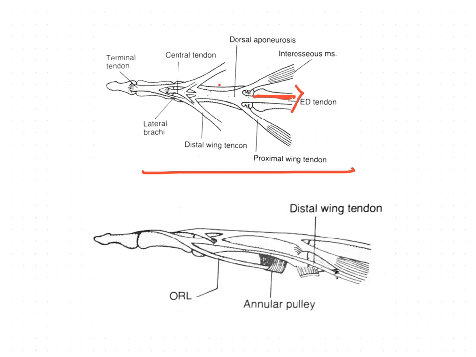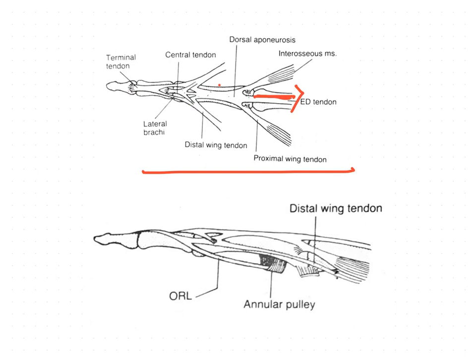Whatever the action on the ED tendon, it requires an active contraction of either an interosseous muscle or lumbrical muscle on the tensed mechanism to produce complete interphalangeal extension. So this is about the tension created on the ED tendon.